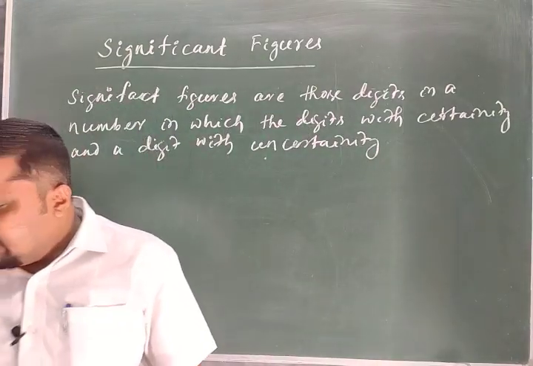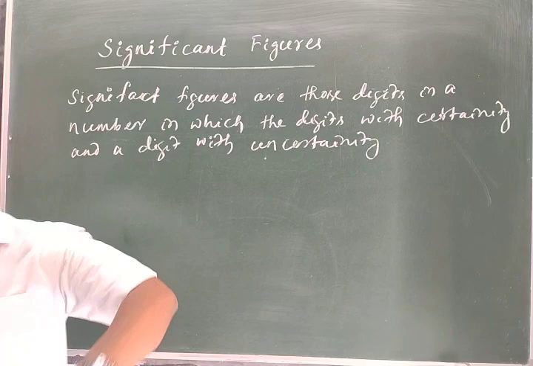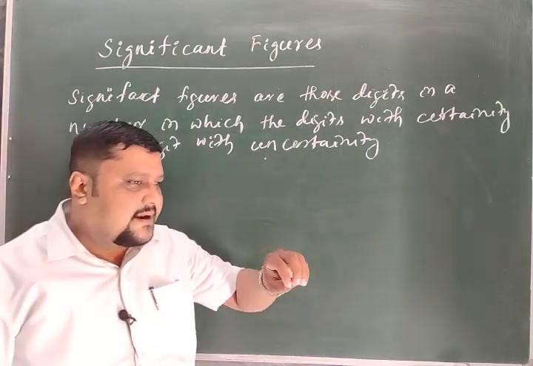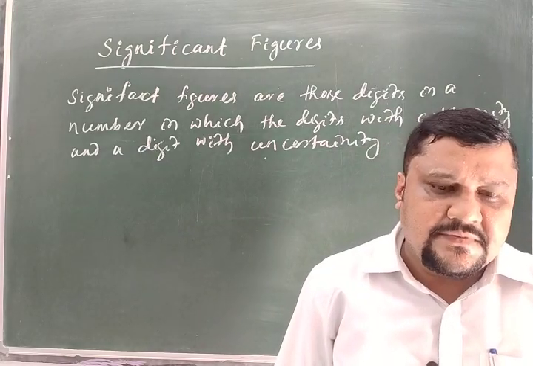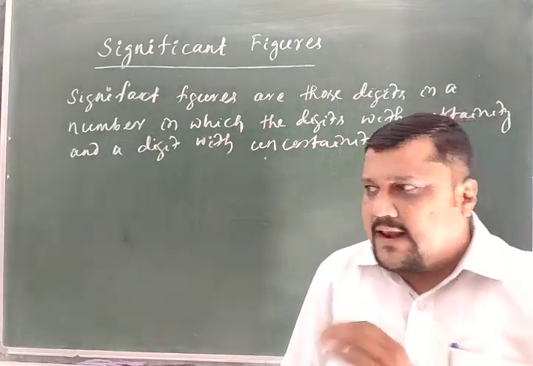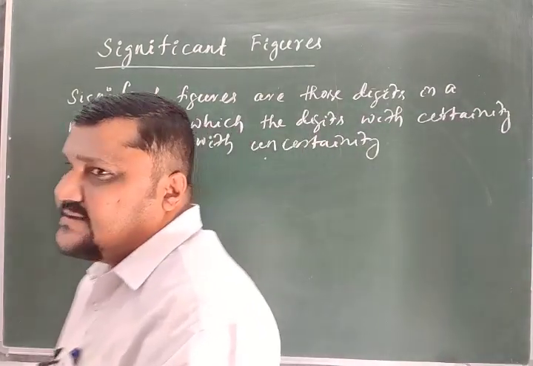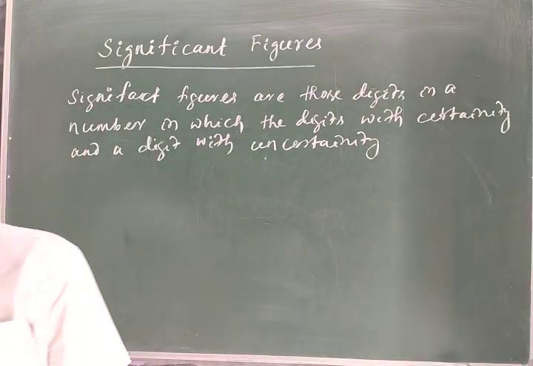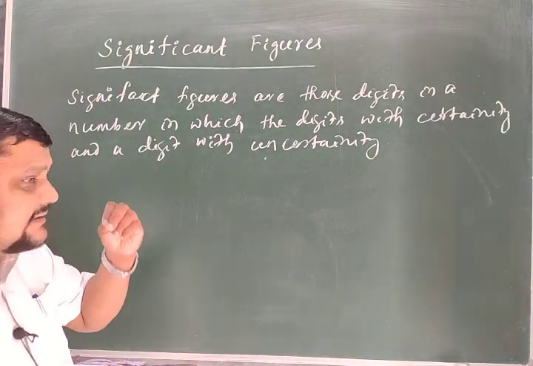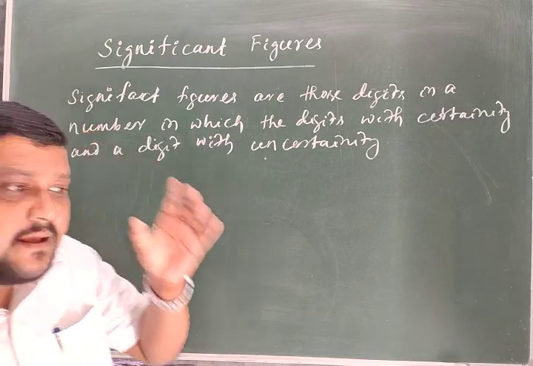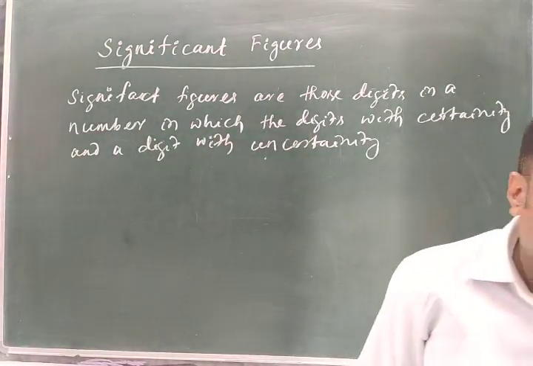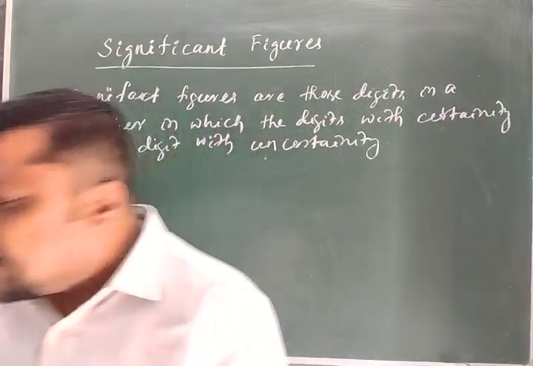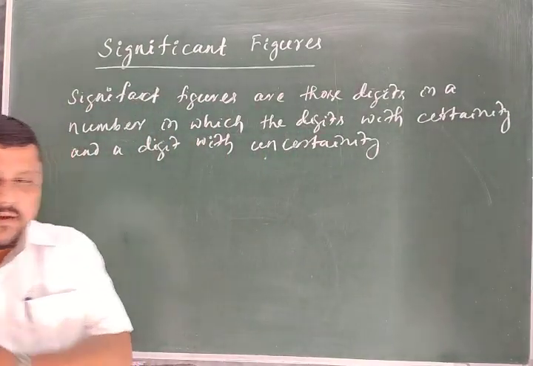Means the certain digits are certain, these values are there, but the last one may change. And the change is based on the using of a measuring device. According to different devices, the last digit will give you different values.